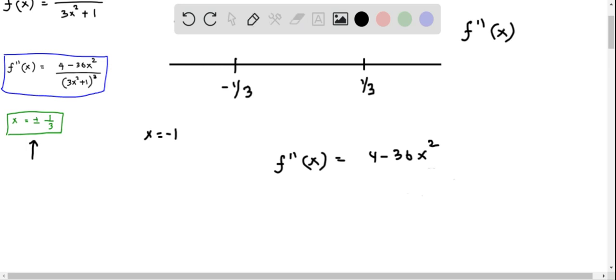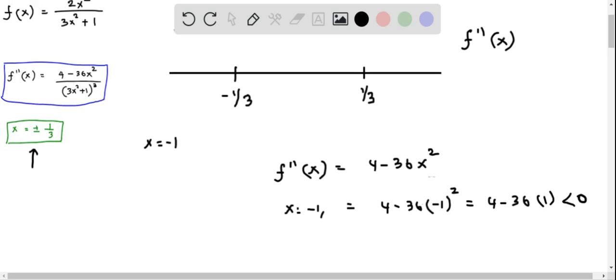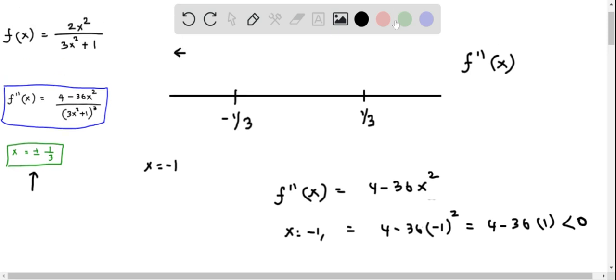And so I'm going to put x equal to negative 1 into this expression. When I do that, I get 4 minus 36 times negative 1 squared. This equals 4 minus 36 times 1, and this is less than 0. So the second derivative is negative to the left of x equal to negative 1 by 3.